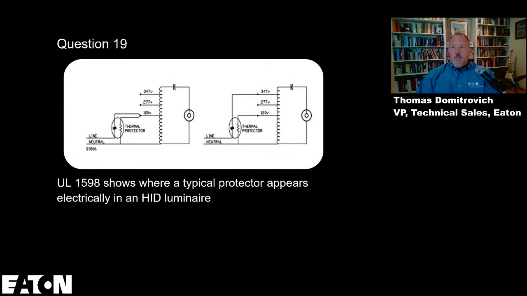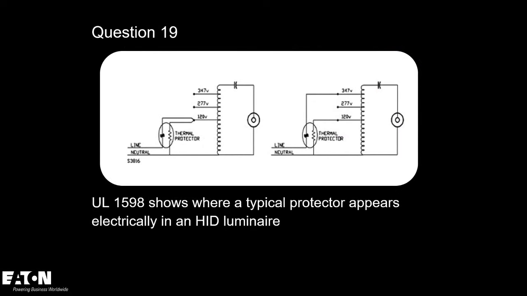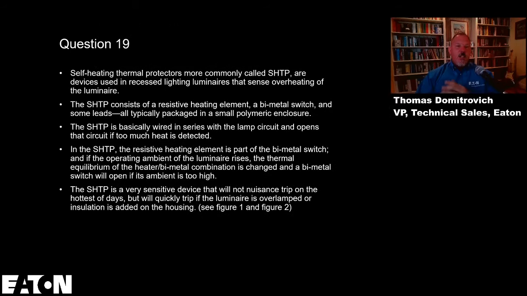I do have a diagram in here. UL 1598 shows where a typical protector appears electrically in an HID luminaire. So you'll see where the thermal protector is from a circuit perspective. Self-heating thermal protectors, more commonly called SHTP.